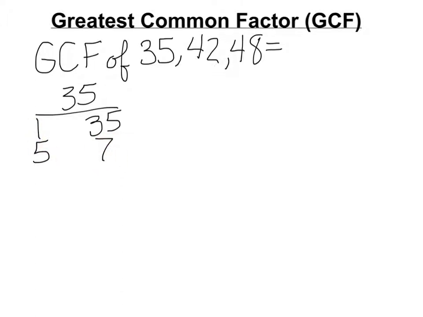Moving on to 42. 1 and 42. 2, well, it's even. So 2 goes into 4 twice, 2 goes into 2 once, 21. 3, well, 3 goes into 21, so I know it's got to go into 42 as well.